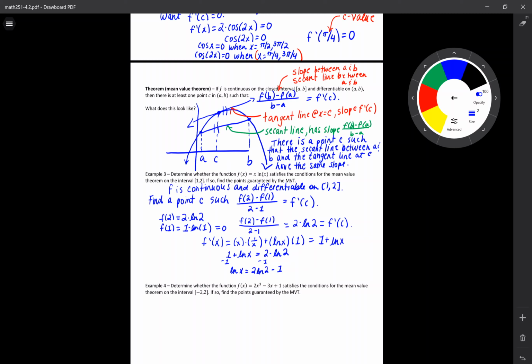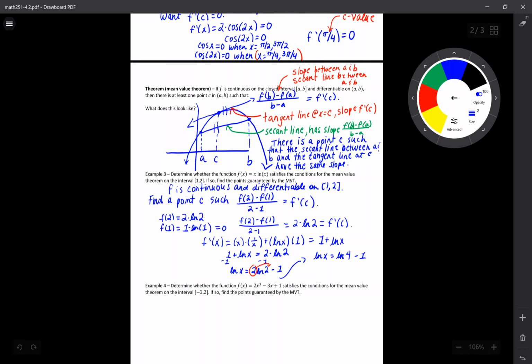Now to solve for x, I need to raise e to each side as a power. But before I do that, I can employ some natural log rules and bring this 2 as a power of this 2 right here. So this will give me natural log of x is equal to natural log of 2 to the power of 2, which is equal to 4, minus 1.